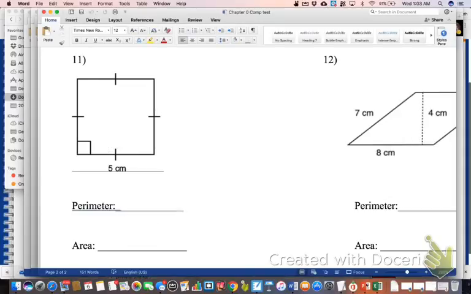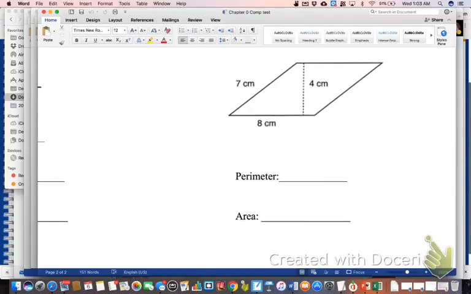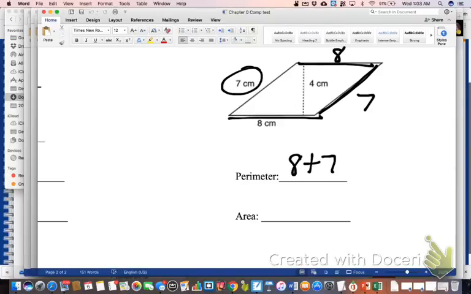Then last but not least, remember that a parallelogram is really just a rectangle that's kind of been smushed, okay? So to find the perimeter, I still do it the same way that I would a rectangle. If this side is 7, then that side is 7. If that side is 8, then that side is 8. So if I add together 8 plus 7 plus 8 plus 7, I get a perimeter of 30 centimeters.